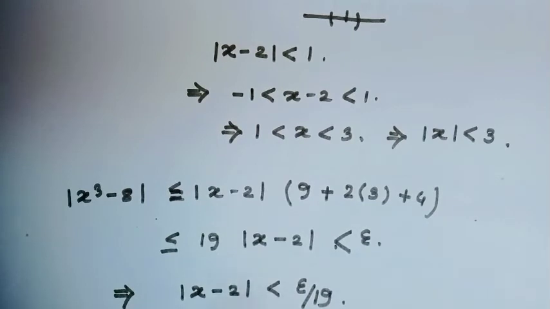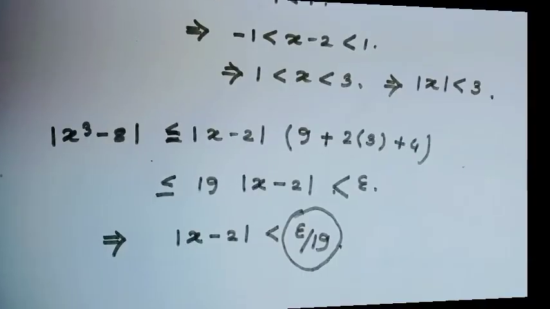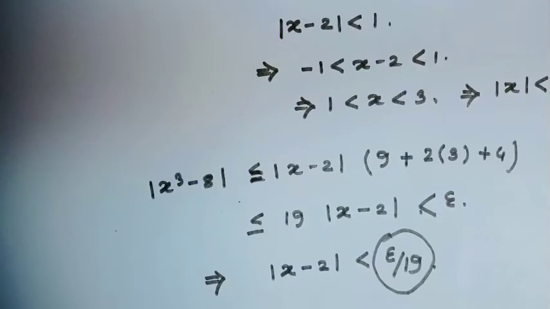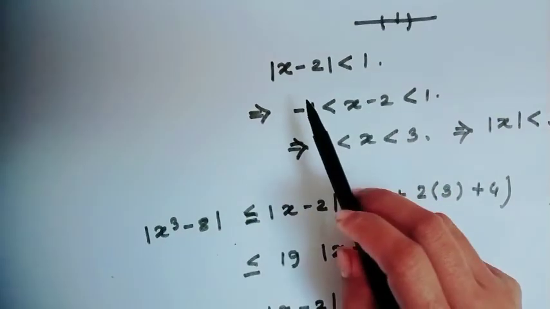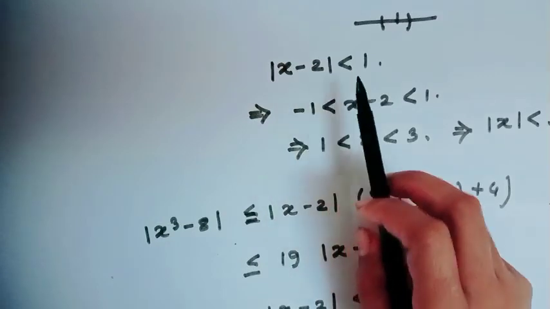And this is our delta, which we want. Well, and remember, at first you chose the modulus of x minus 2 strictly less than 1.